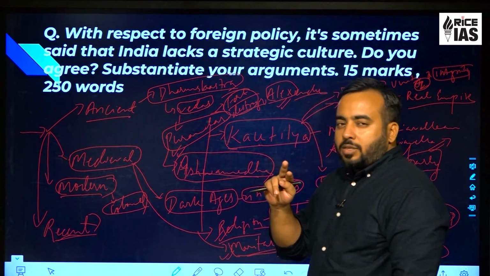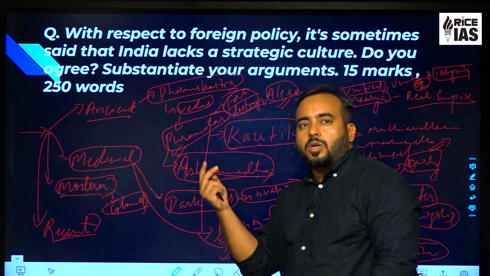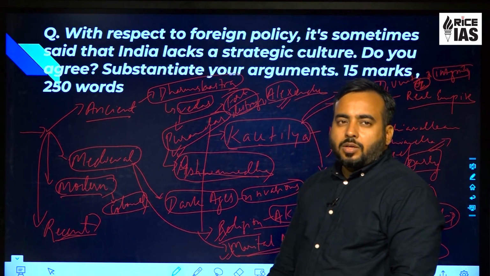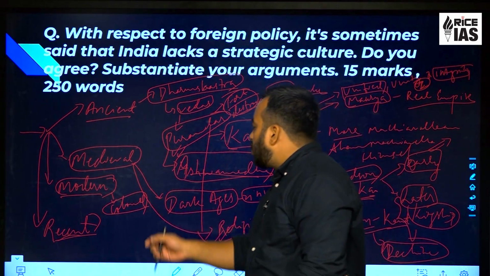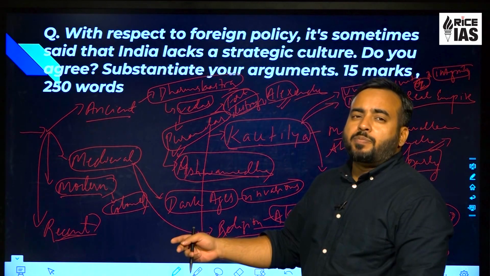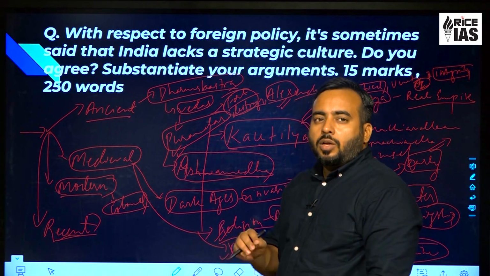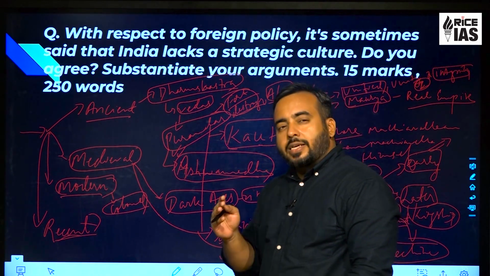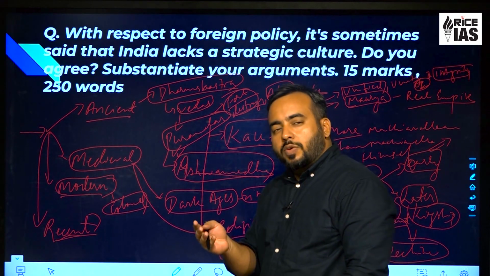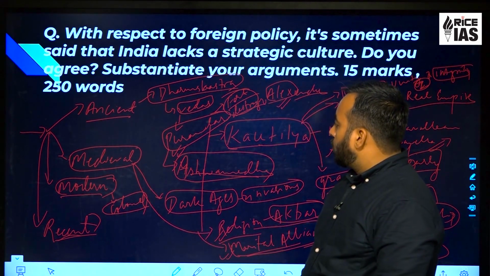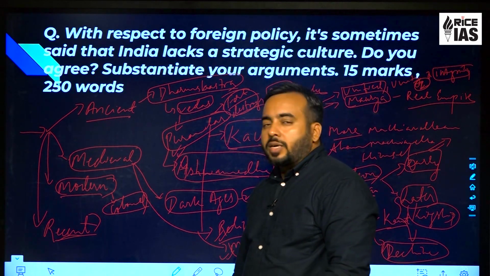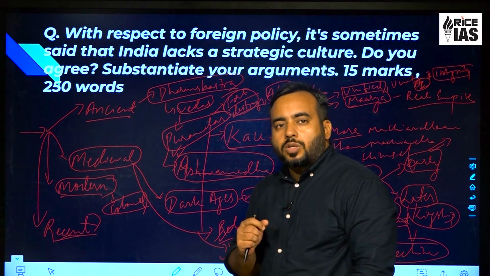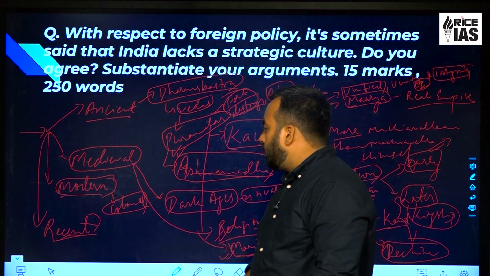But because of the infighting between the Mughals and the Marathas, the third power, the external power, that is the British, were able to gain a hold. And the divide and rule policy, the bait and bleed policy of the Company worked, and the Mughals declined, the Marathas declined, and there was ascendancy of the British Empire over India because of not understanding the importance of strategic culture, not remaining united, not keeping the national interest first.